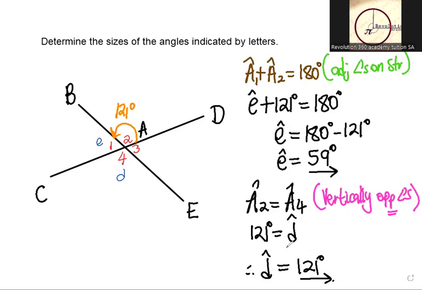So that's how you solve this question, guys, because they said determine the size of the angles indicated by letters, of which we can see that the letters in this case are only E and D. So that's how we solve this question.